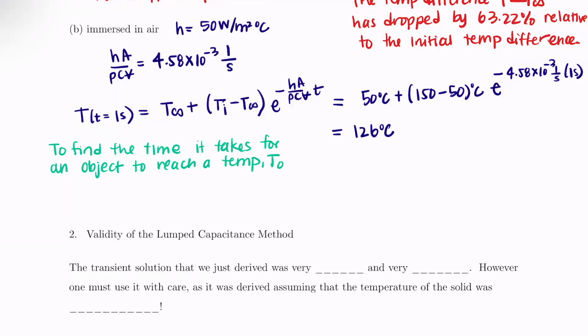Okay, so if we have T naught minus T infinity is equal to Ti minus T infinity e to the minus t over tau.